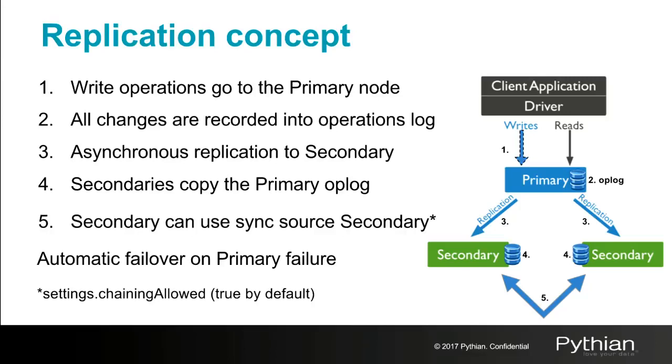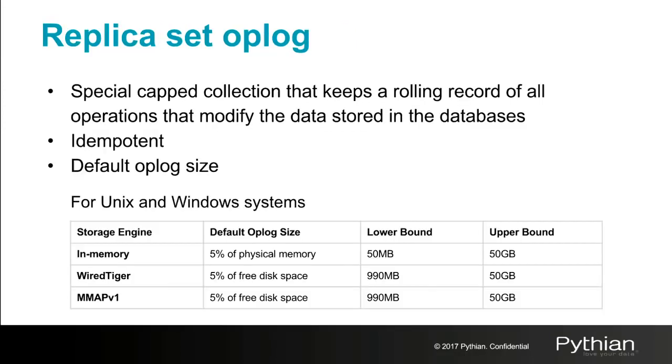The setting chaining allowed is true by default, and once the secondary sees that there is another node that is not lagging more than 30 seconds, it can initiate the sync source to another secondary. You can disable this setting if you want to always replicate from the primary node.